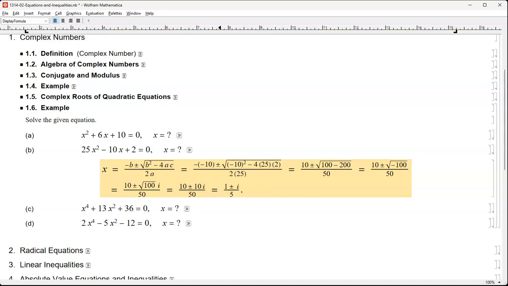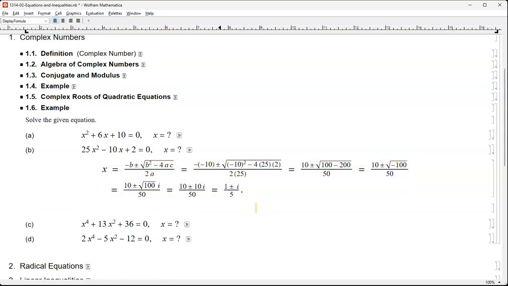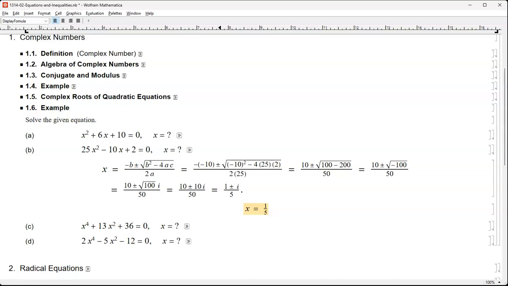Let me write a separate line. x is 1/5 plus 1/5 i, and another answer is x is 1/5 minus 1/5 i.